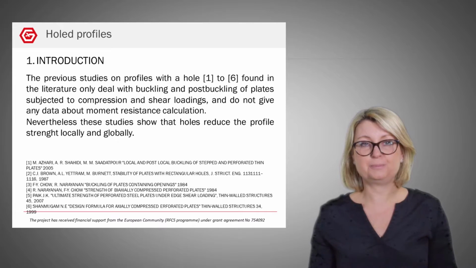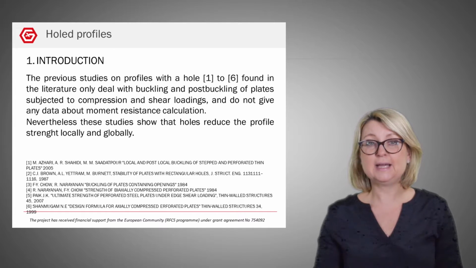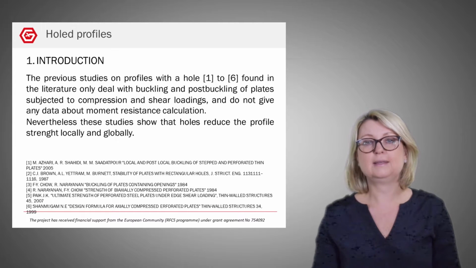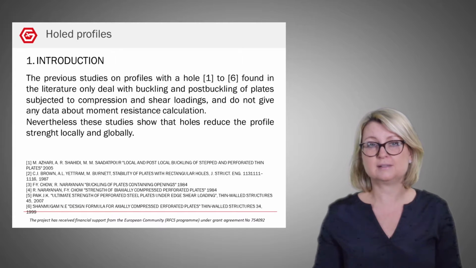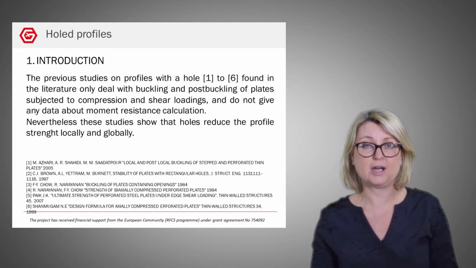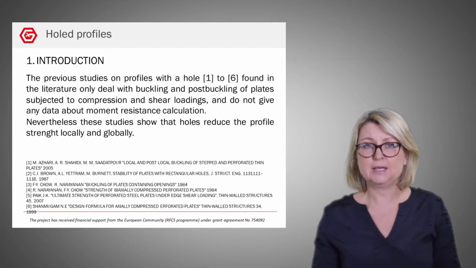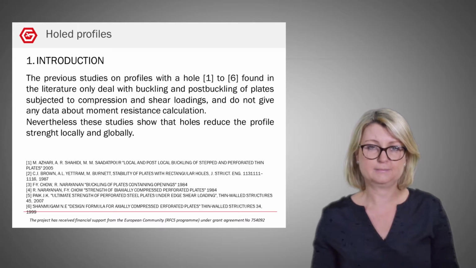As we noticed on the previous slide, the design rules are only given for profiles without a hole. In addition, as far as the studies found in literature are concerned, they show that holes decrease the strength of a profile locally and globally.